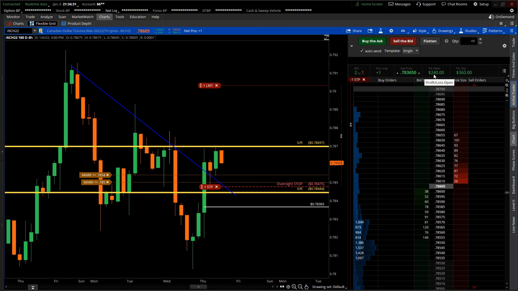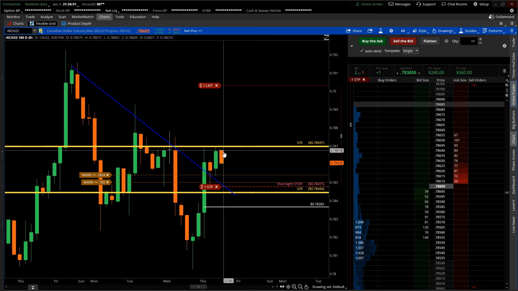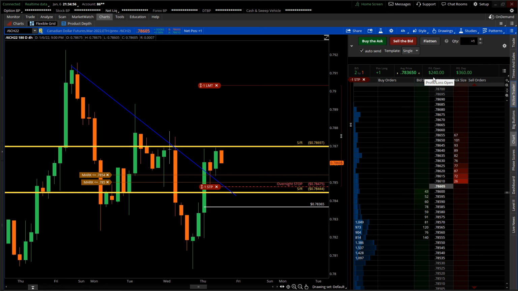So if I was to close it out between my earlier win of 120 plus this 240, then my overall trade for the day for this futures contract would be $360. But since re-entering this trade, the trade is now up $240. It was as high as 320 at some point before coming right back down to 240.